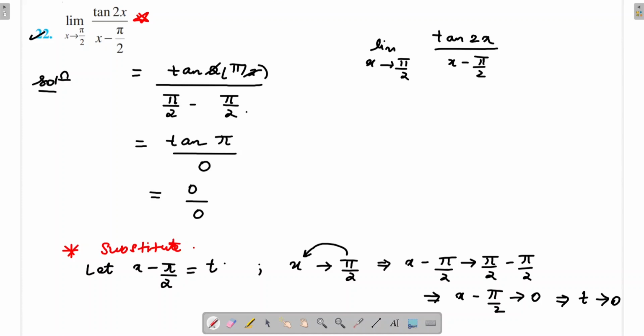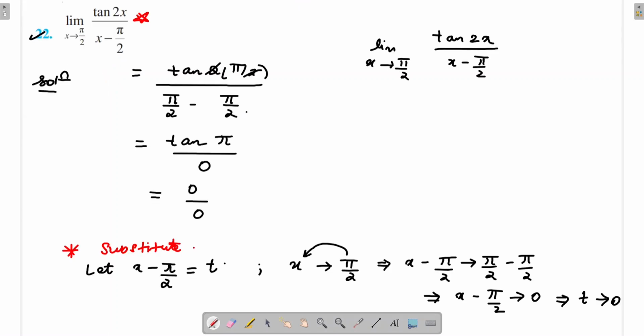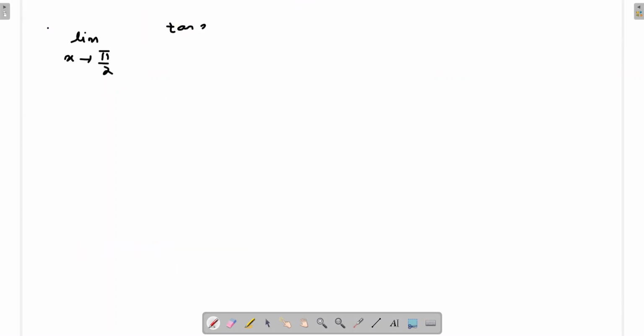Okay, and now we can start with the problem. So limit x tends to pi by 2 of tan 2x divided by x minus pi by 2.